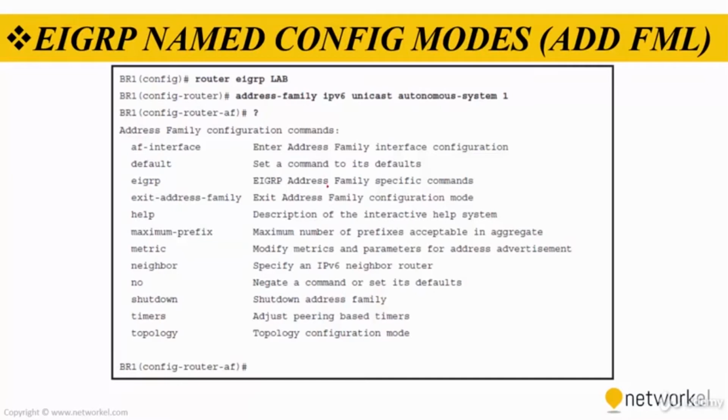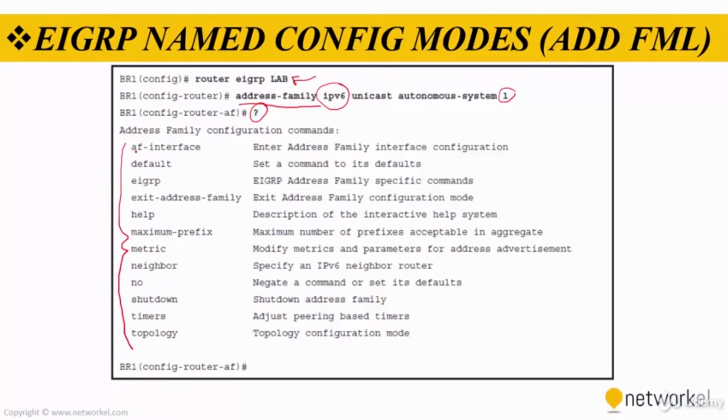And let's take a look at what we can configure under the address family configuration mode. Here again we type the named mode and we are going to configure IP version 6 with autonomous system 1. Whenever we type a question mark, here are the options that we can define for the address family.